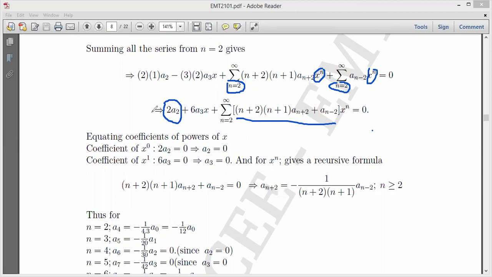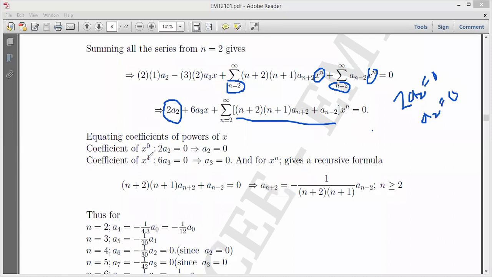That is on the left-hand side. What do we have on the right-hand side? On the right-hand side, we have 0. So you have 2a2 equal to 0, because on the right this will have 0, therefore a2 becomes 0.